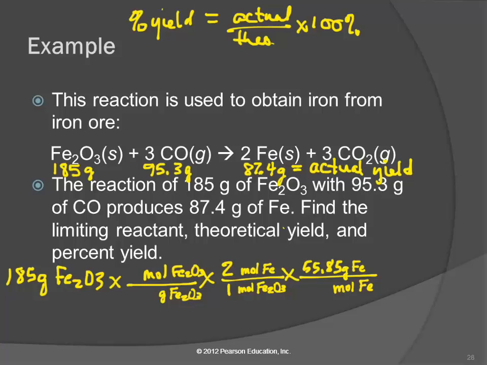So Fe2O3, there's 2 irons, so 2 times the 55.85, and 3 oxygens. Came up with 159.7. Anybody else get that? Yeah. Okay.